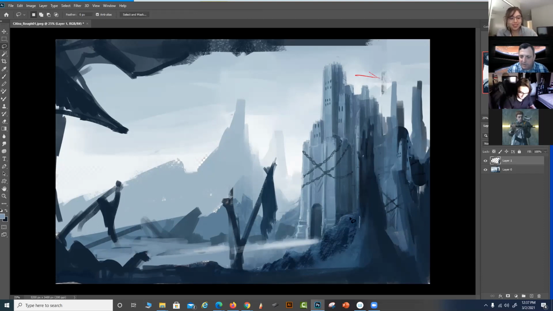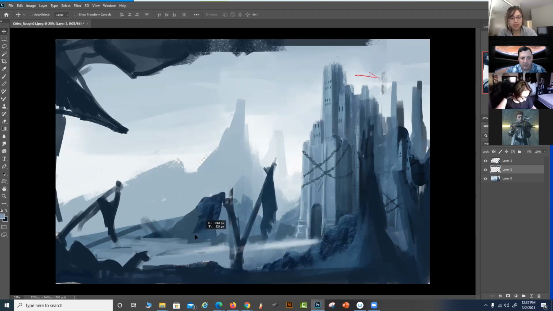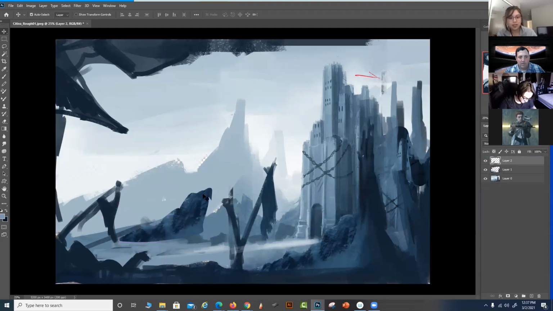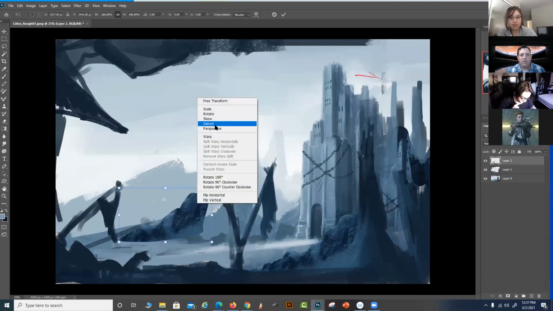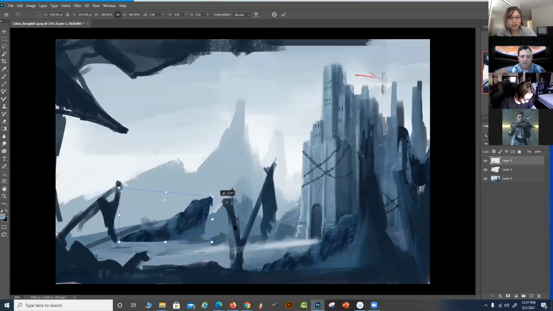Let me just do this. We take these here. Oh, wrong layer fill. There, if I take those and put them on top, let's transform them, distort them a little bit.